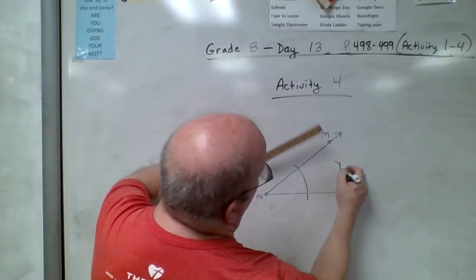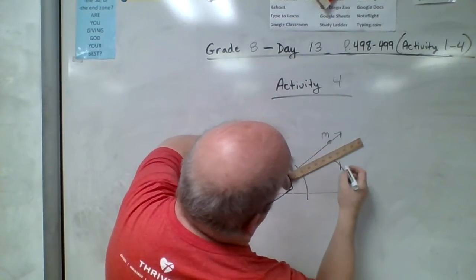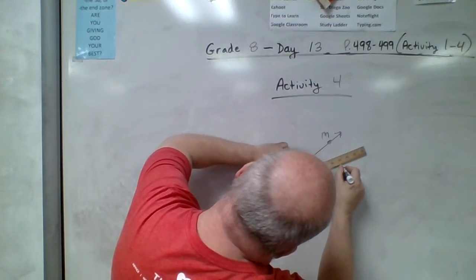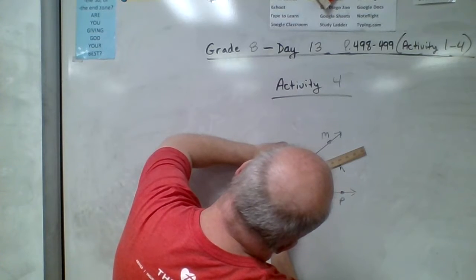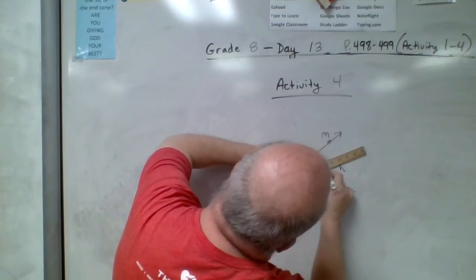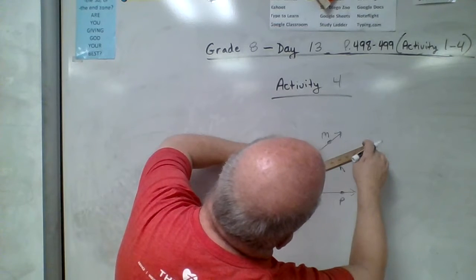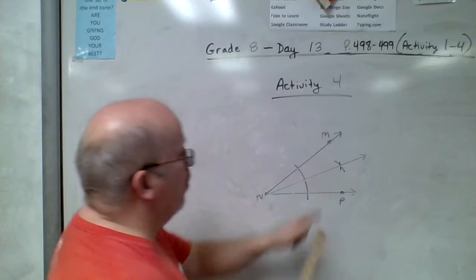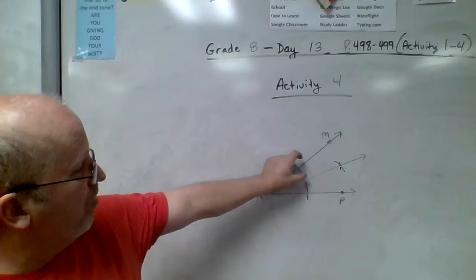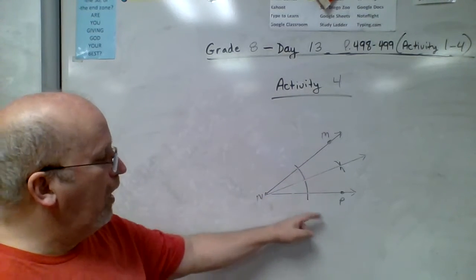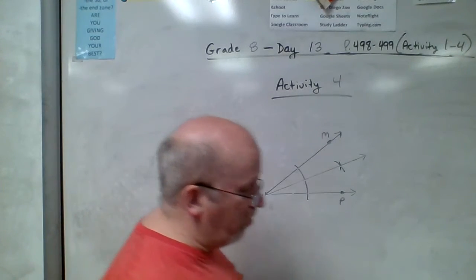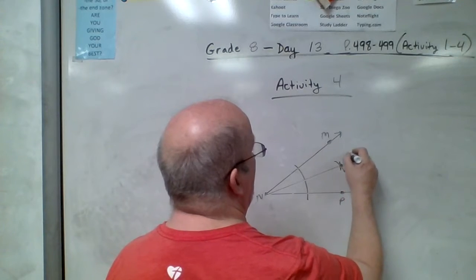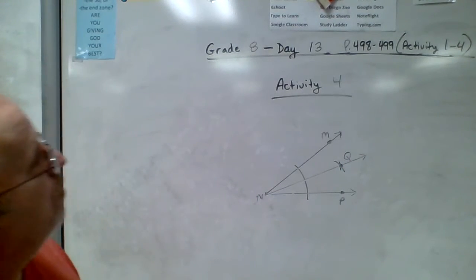We're going to put our marker point where they meet and draw a line segment. Actually, it's going to be a ray, excuse me. A ray going through the vertex of the angle and through that intersection. And we've just divided angle MNP into two new angles. They're asking us to identify this spot as point Q, so we'll do that.